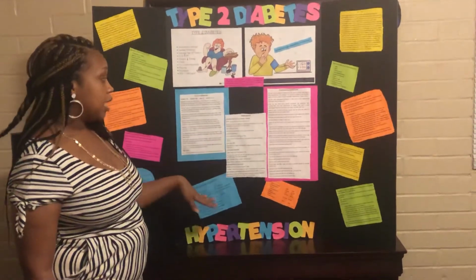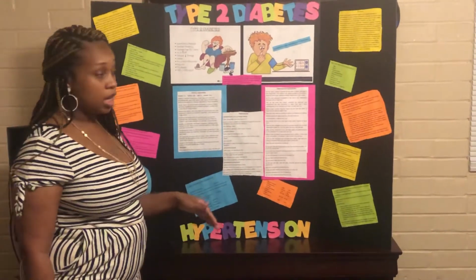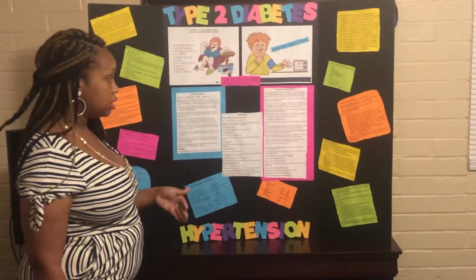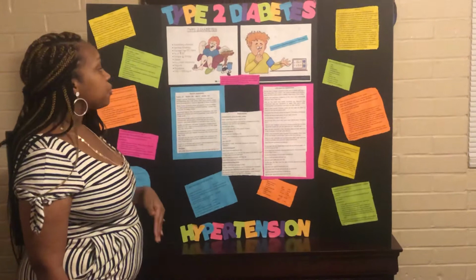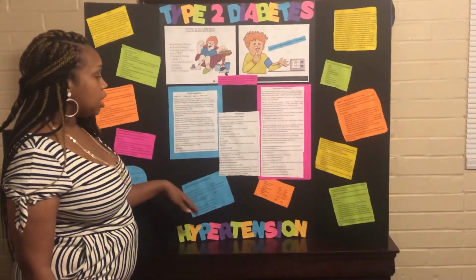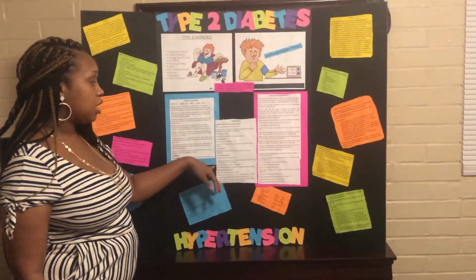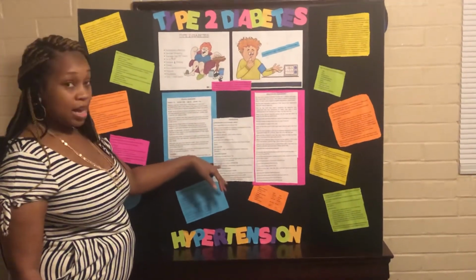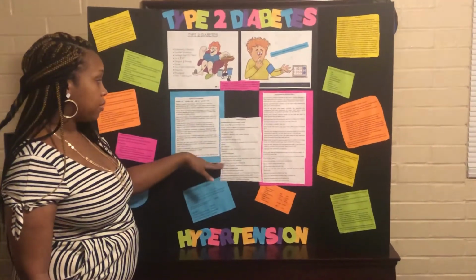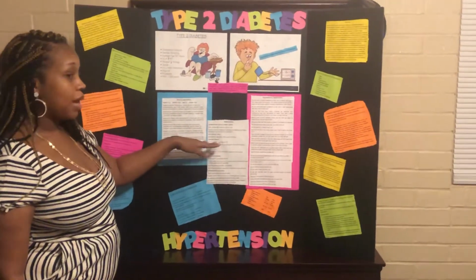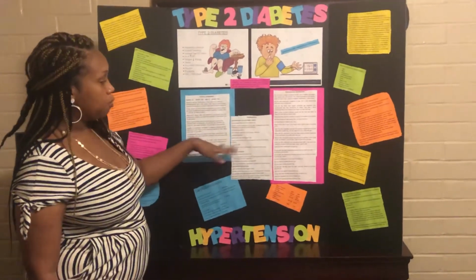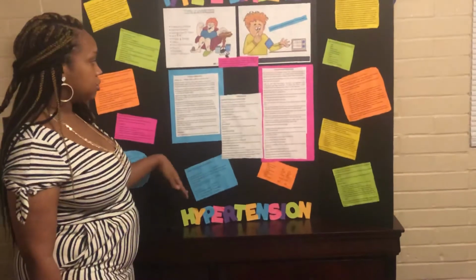Also, with the medications, there are certain medications he can and cannot take given the fact that he has both of these comorbidities together. For example, the type of blood pressure medication he takes, he can only be prescribed thiazide diuretics, in which he's taking hydrochlorothiazide for his blood pressure, and he can only be prescribed ACE inhibitors or ARBs for his blood pressure because of the type 2 diabetes mellitus.